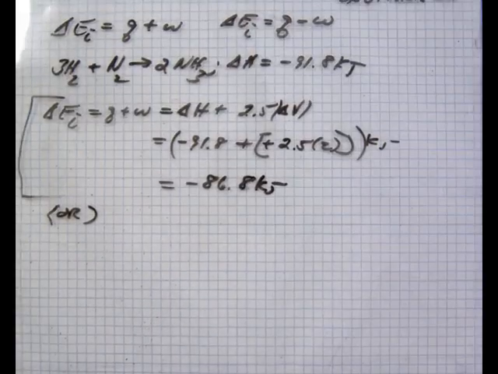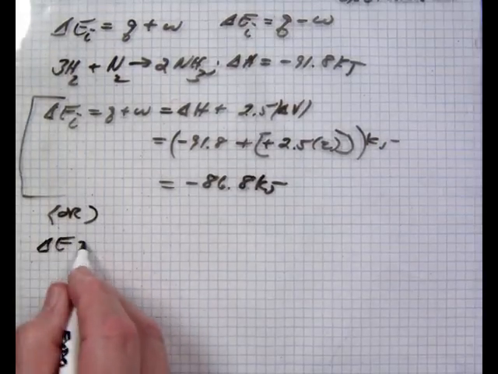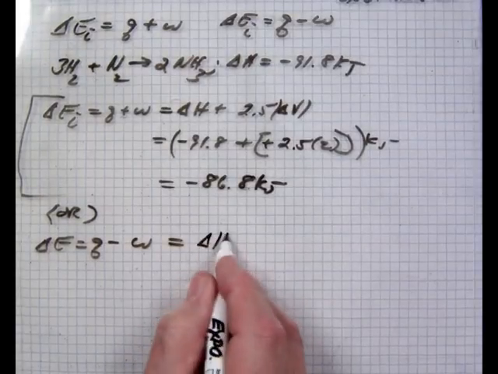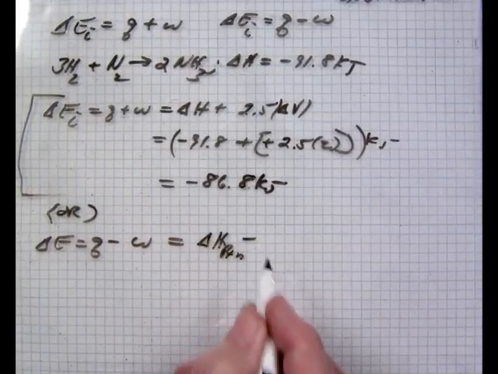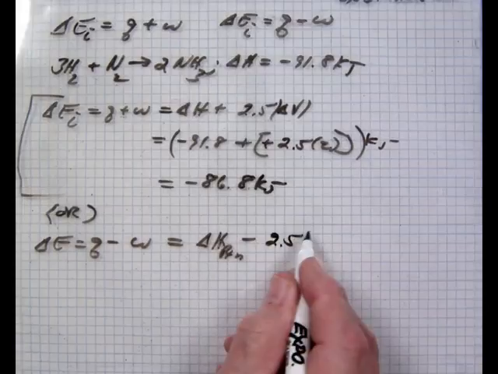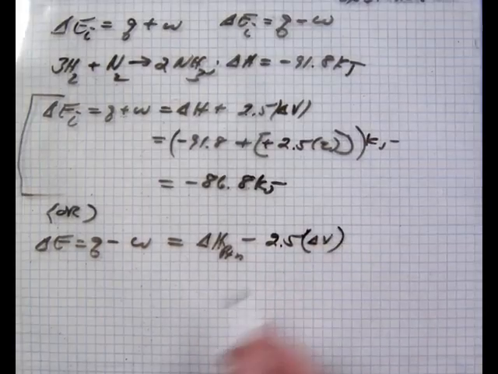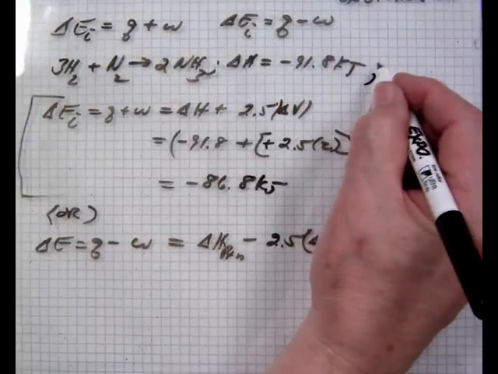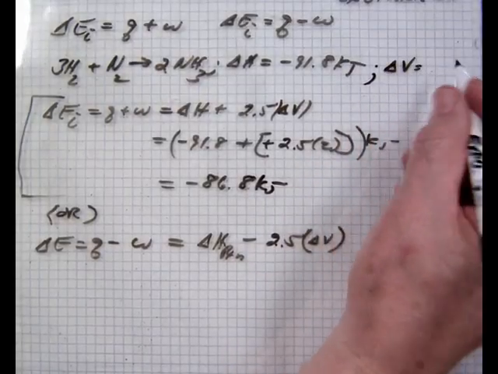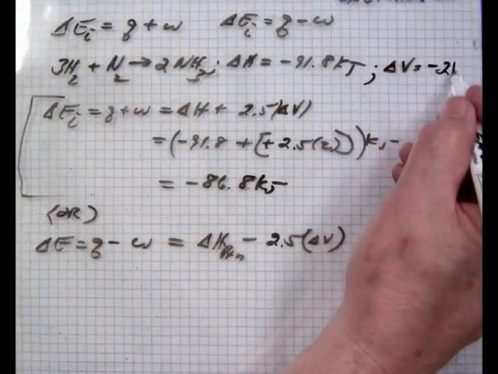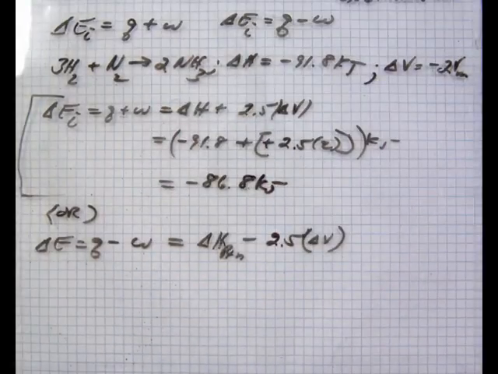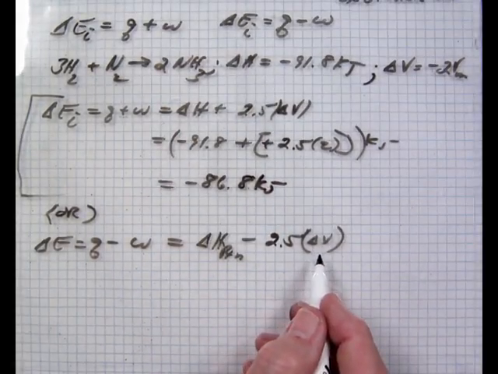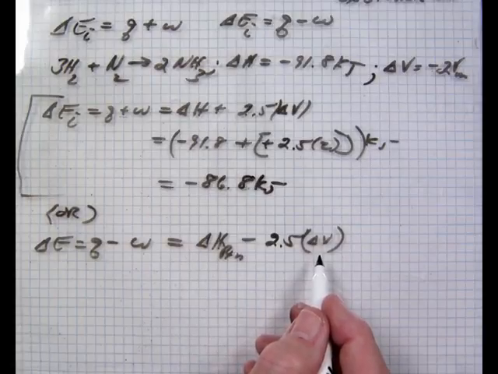Here, we go delta E equals Q minus W, which equals delta H of reaction minus 2.5 delta V. So run your delta V out of this. There's a decrease in 2 Vm from reactants to products. I think everybody sees that. And so insert a minus there, a minus delta V there.